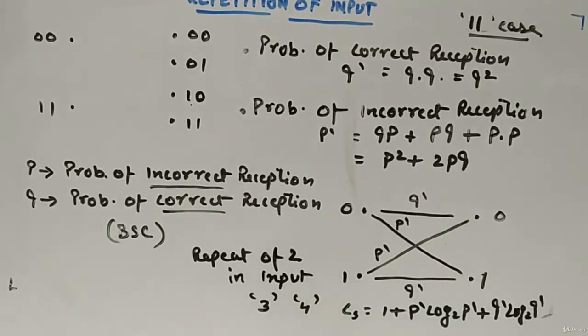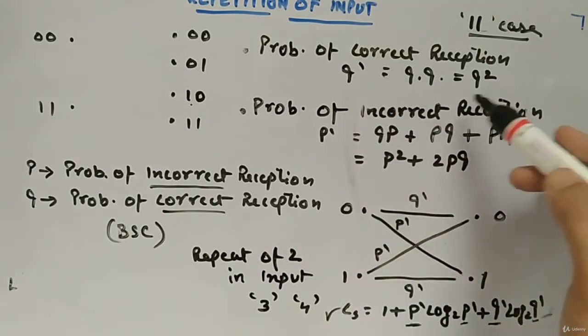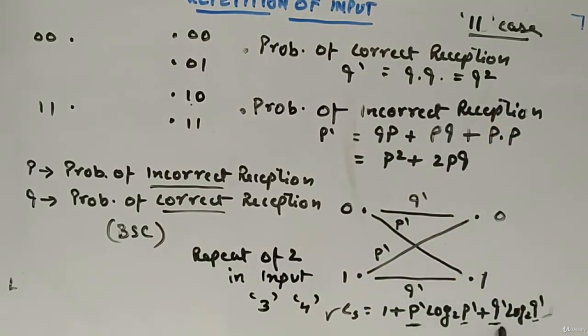It is the same as what we have seen in the binary symmetric channel, but the values will be different: instead of P and Q, we now have P dash and Q dash. That is the difference. So let's see an example so that you will get a clear picture of how to solve these kinds of questions.